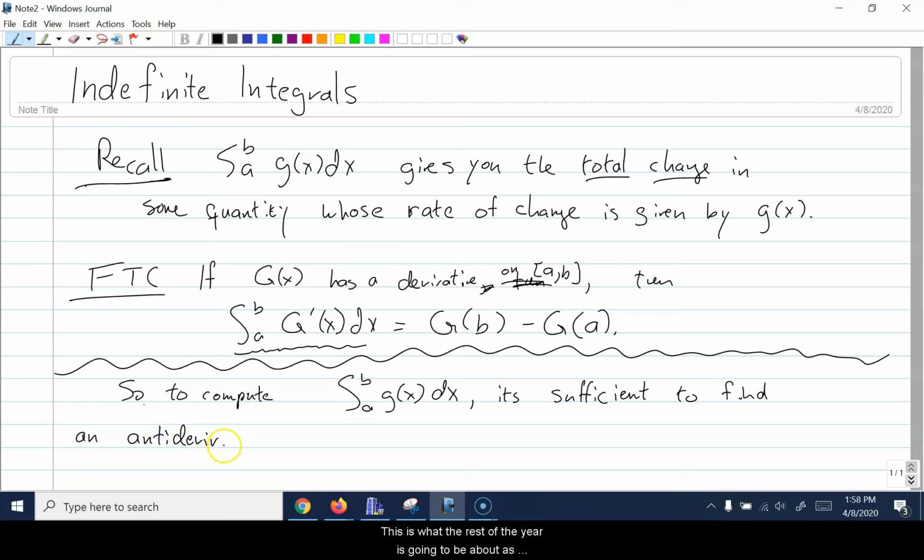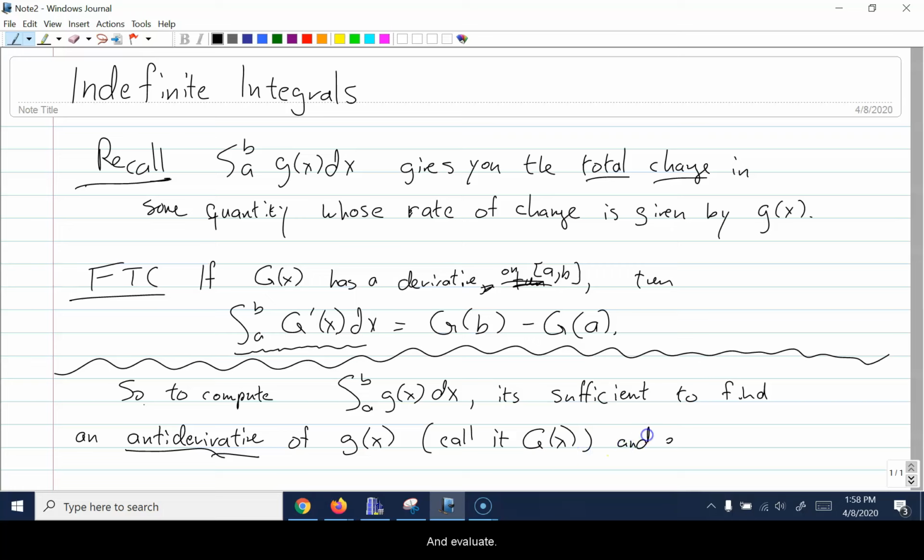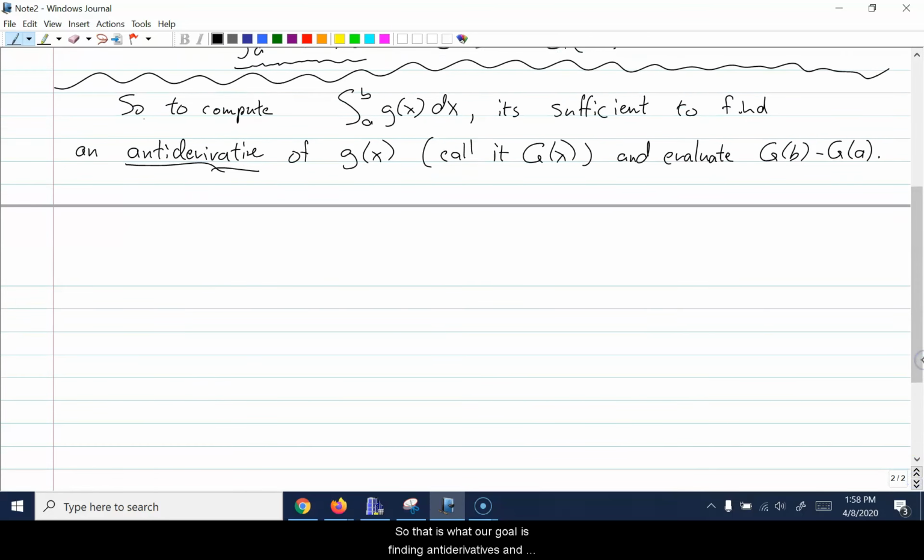This is what the rest of the year is going to be about: finding antiderivatives. Very often we'll use a capital letter for the antiderivative and a lowercase letter for the derivative, and evaluate g of b minus g of a. So our goal is finding antiderivatives.